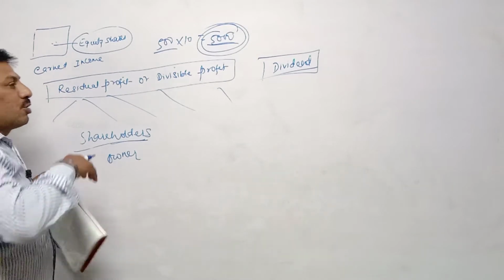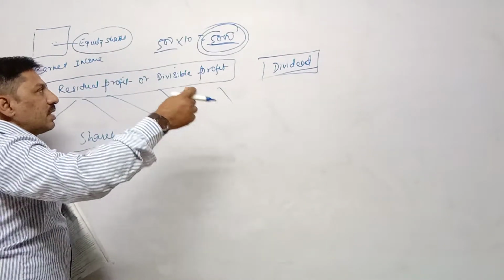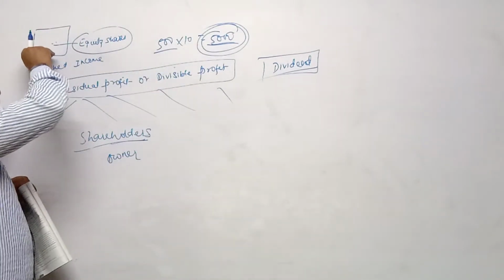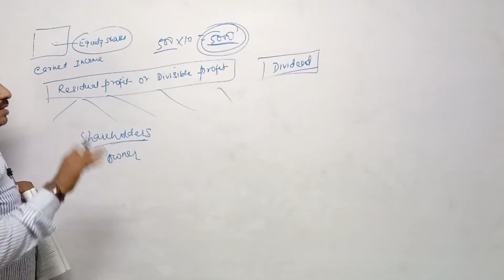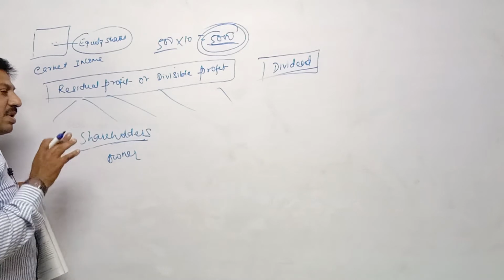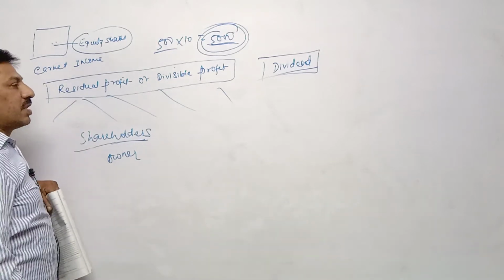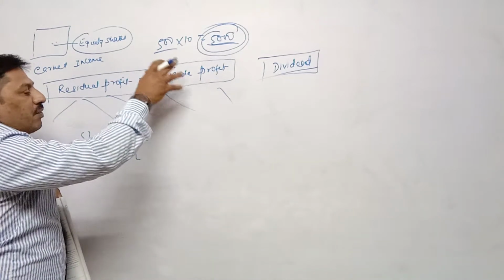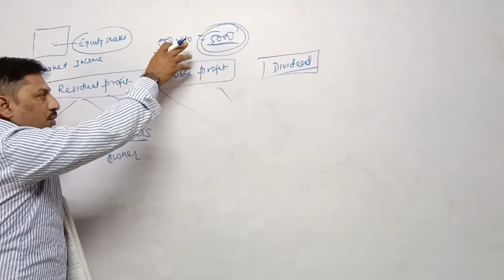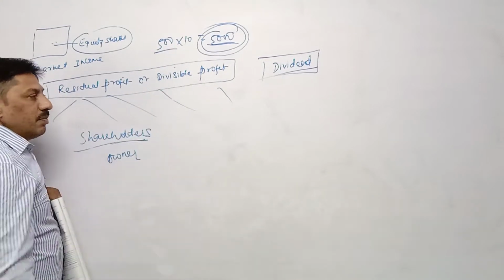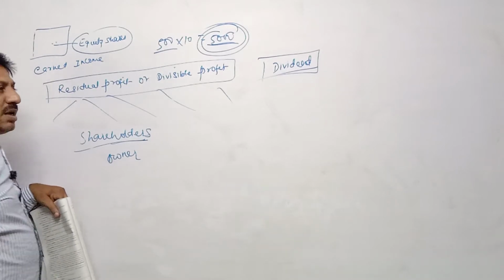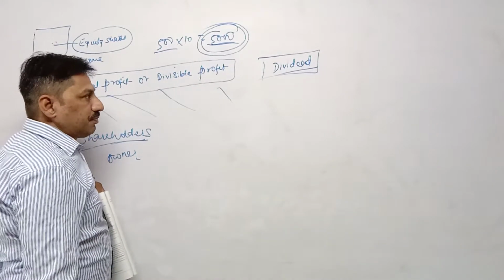After that, the company will return the amount to the preference shareholders, the persons who purchased preference shares. After that, if money is left, the company will return the amount to equity shareholders. Equity shareholders get their money back last, after debenture holders and preference shareholders.